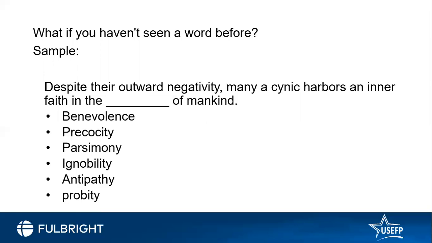Precocity means before something, which we can get from the word pre; it is a skill acquired earlier. Parsimony is to act stingy. Ignobility is again a negative word, and antipathy is again a negative word. So we were looking for positive words to fill in the blank.